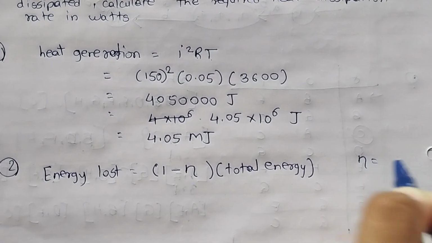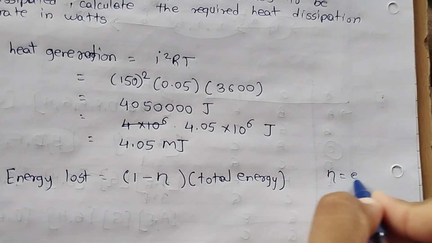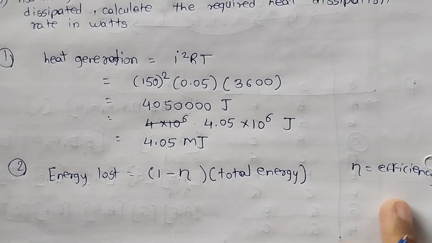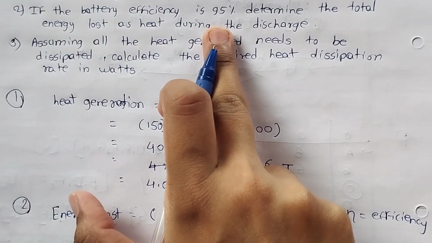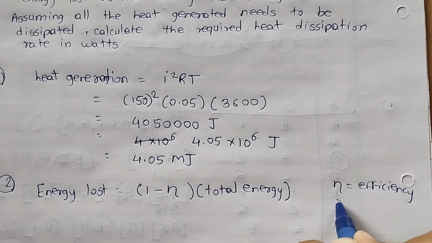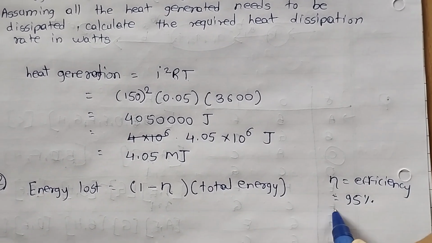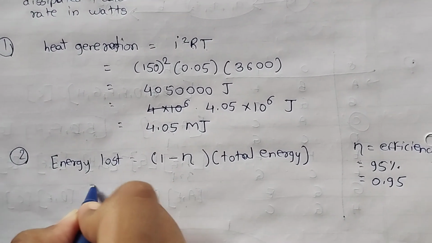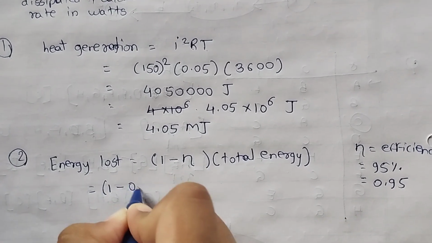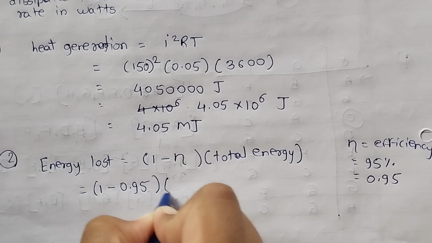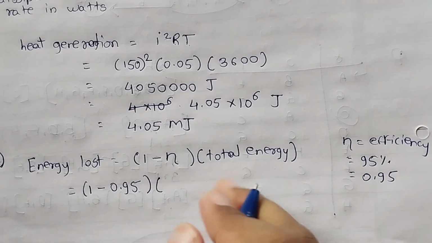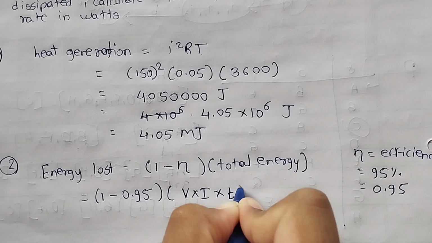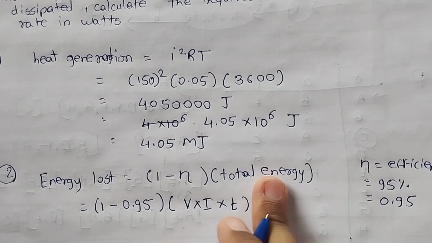This eta is nothing but the efficiency, and efficiency is 95%, which means 0.95. So here we write (1 minus 0.95) into total energy. Total energy is nothing but V into I into T. This is the formula for the energy.